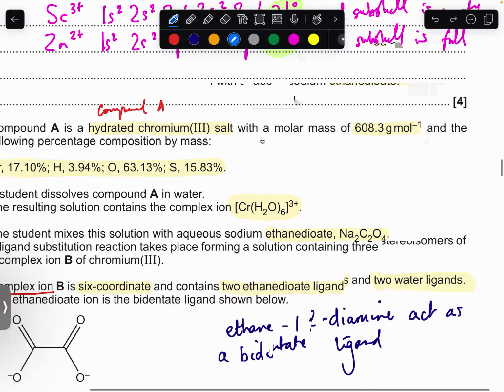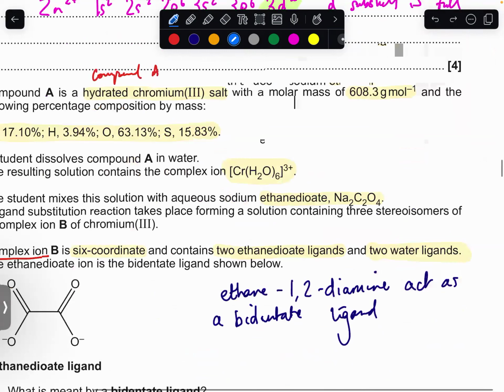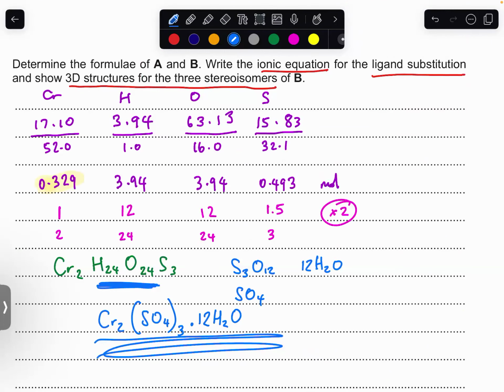We don't need to do this, but I'm going to just do it. Let's see if this adds up to 608.3: 52 plus 52 plus 3 sulfurs, 12 oxygens, and 12 waters. Yep, 608.3. That seems to verify that, but we don't need to include that in our answer.